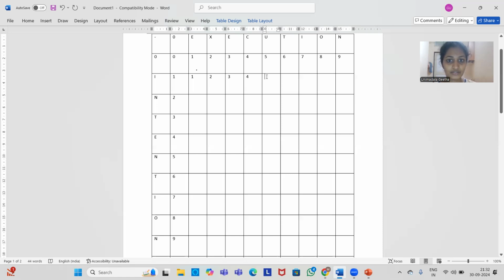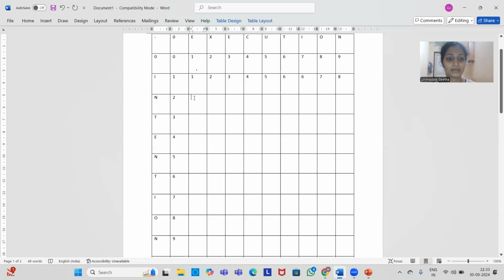Comparison between I and U, the number becomes 5. Comparison between I and T, the number becomes 6. Comparison between I and I are the same letters, so we use the diagonal operation. So the number becomes 6. Comparison between I and O, the number becomes 7. And comparison between I and N, the number becomes 8.